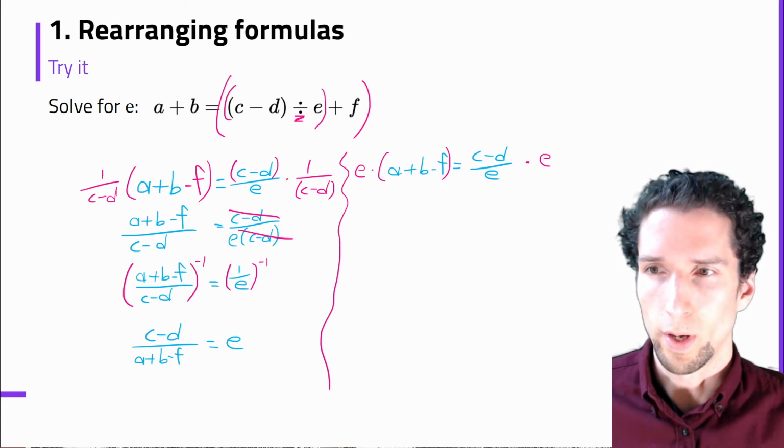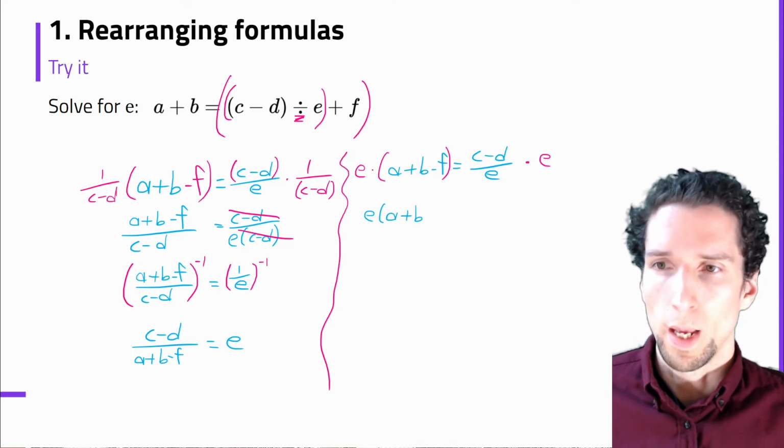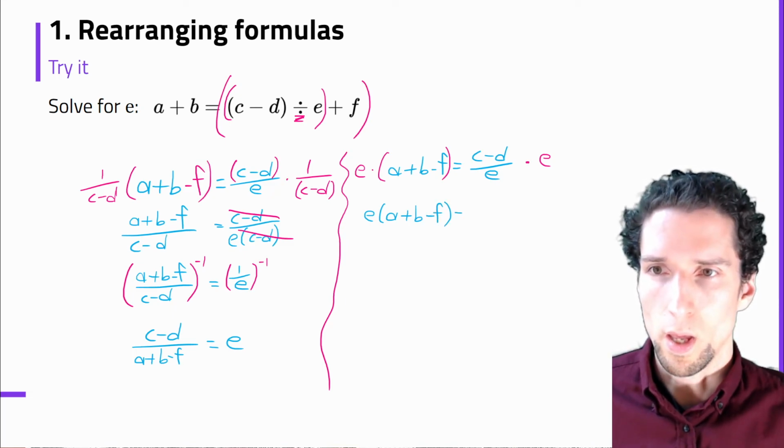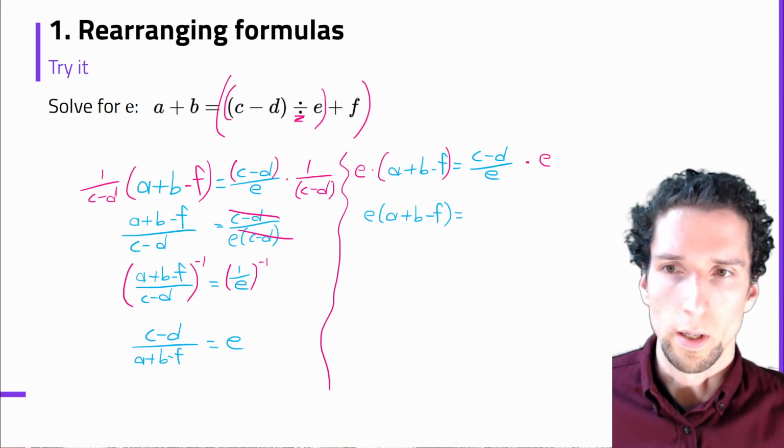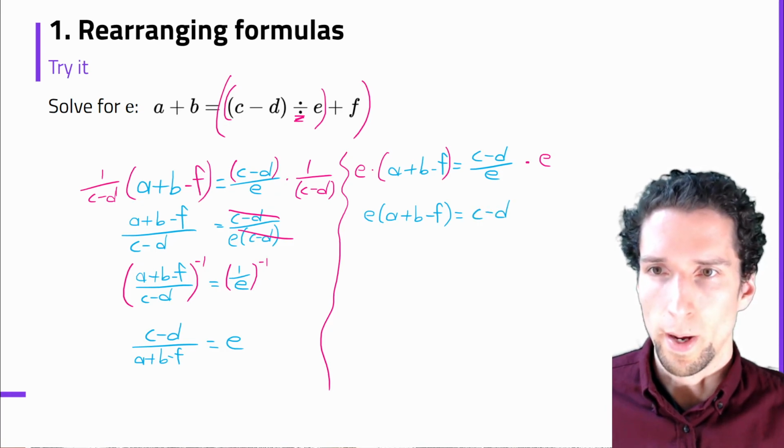So that would give us e times a plus b minus f, and then on the right side here, we would just have c minus d.